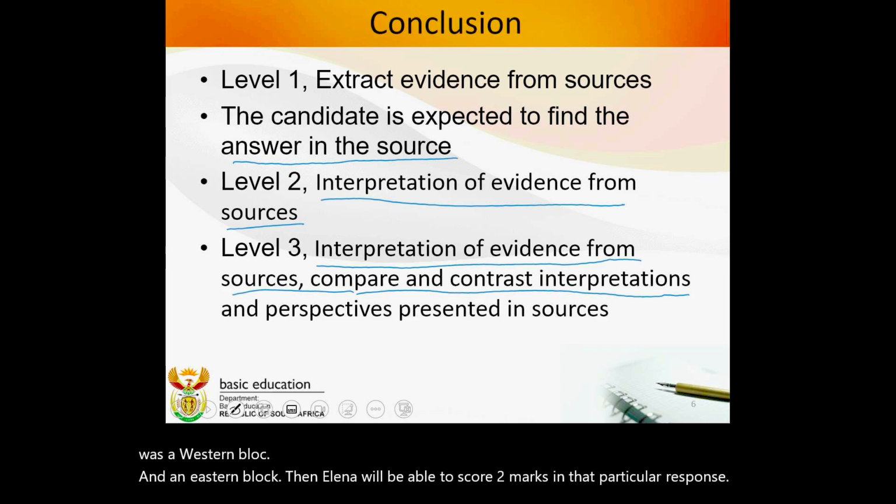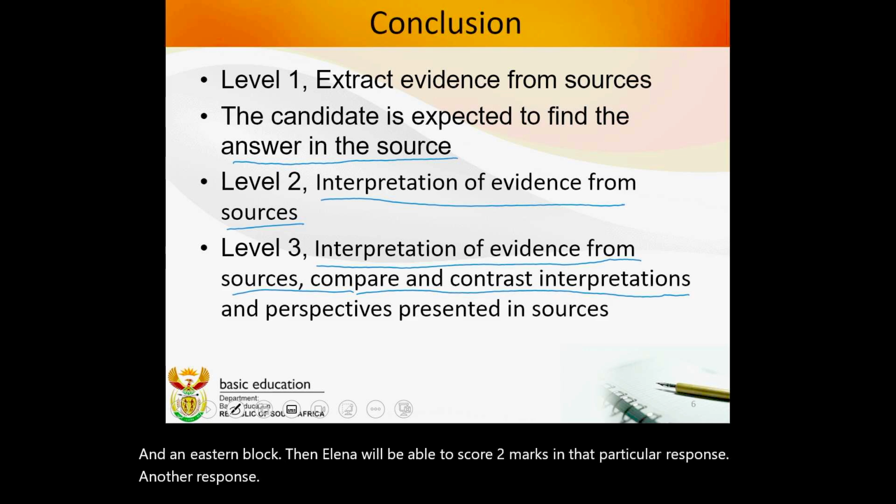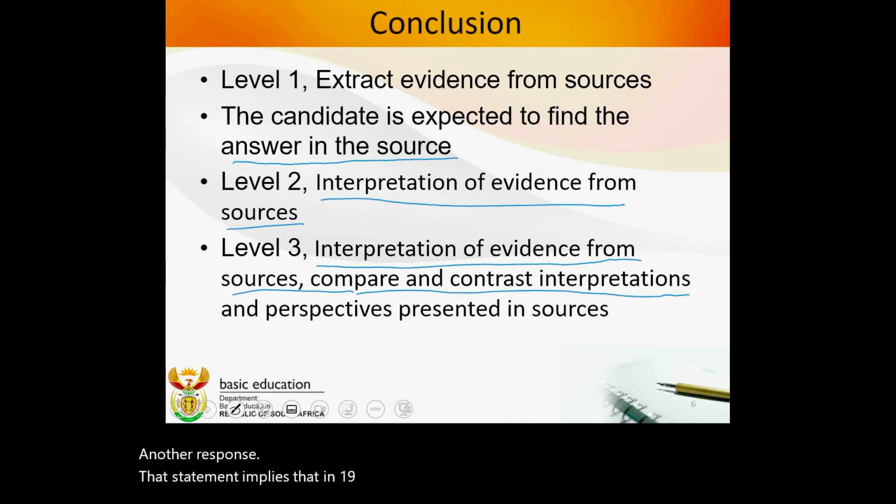Another response: that statement implies that in 1945, Stalin had successfully spread communism to Eastern Europe. That is the interpretation of that speech, an Iron Curtain has descended across the continent.